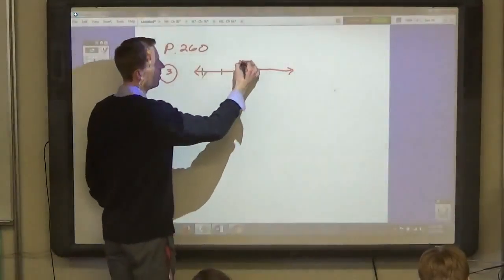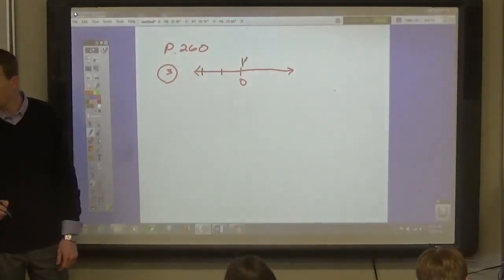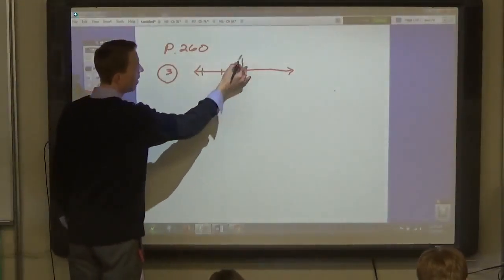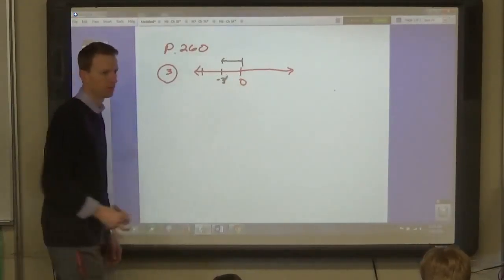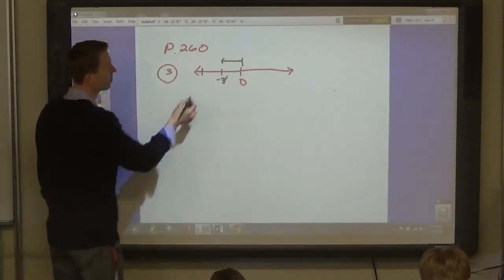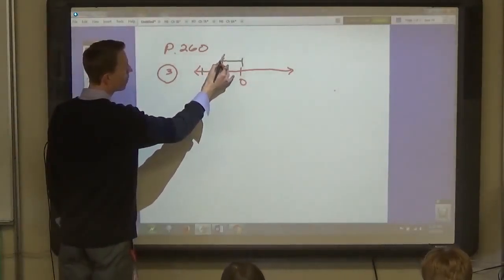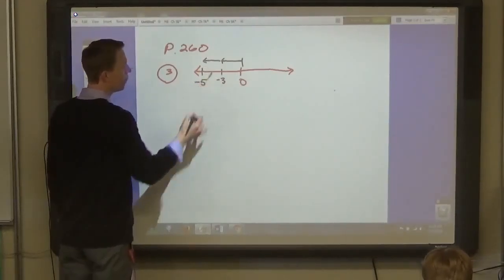Now, draw out this number line, starting at 0, and go to -3. And then from there, go to -5.